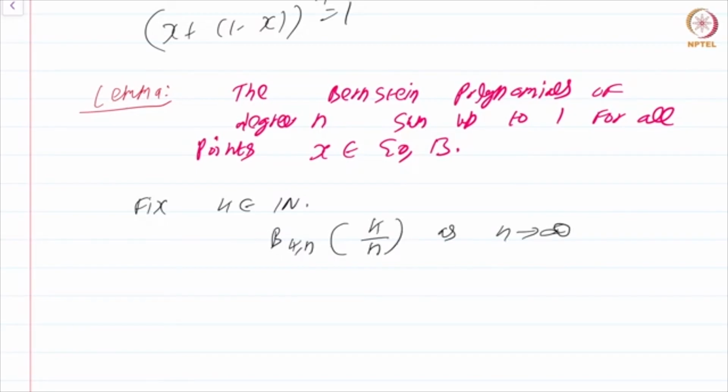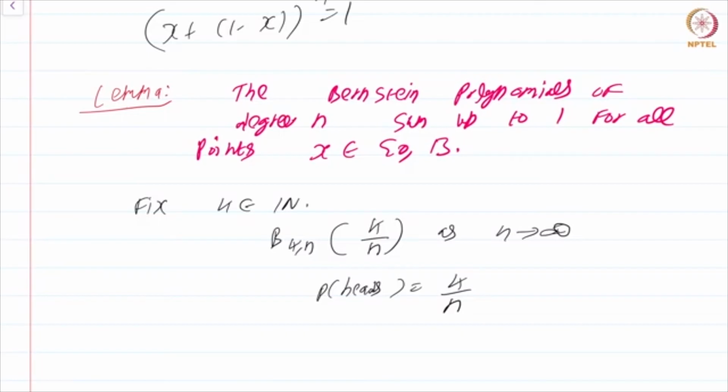So what we are essentially doing is taking various biased coins, each one of which has probability of heads equal to k/n, and analyzing what's going to happen if you toss these coins n times and take n to infinity.